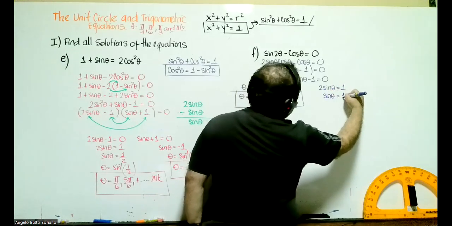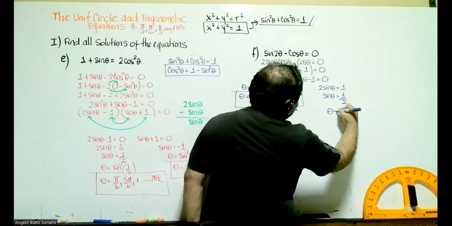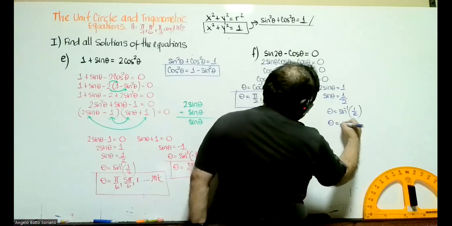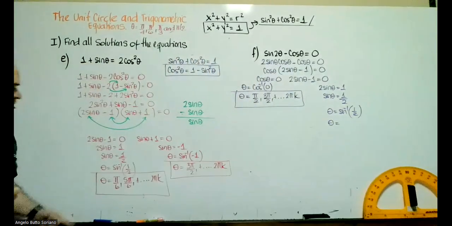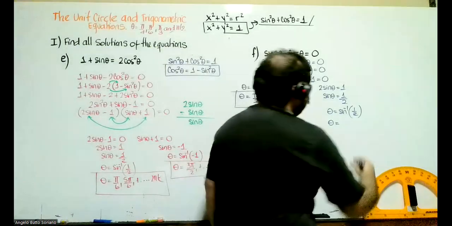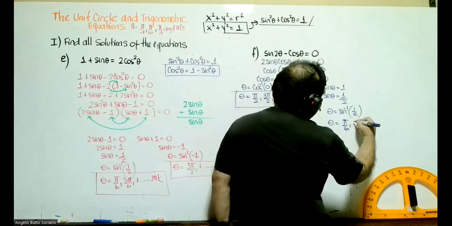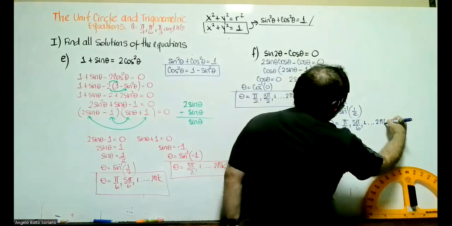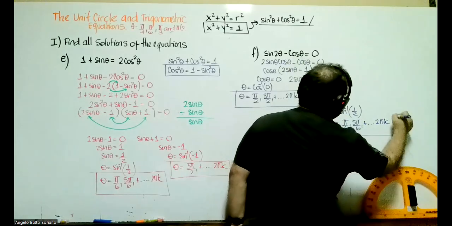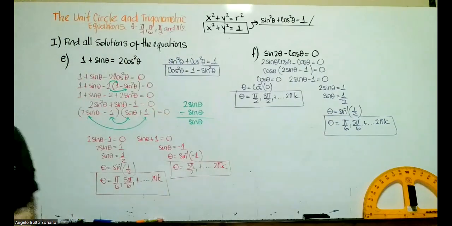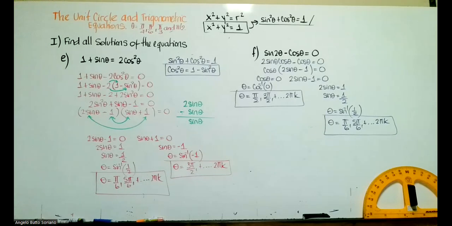Sine theta will be equal to 1/2, and theta will be arc sine of 1/2. As you can see, we repeat this equation already. That's pi 6, plus 2 pi k. And that's all that we have to do to solve these trigonometric equations.